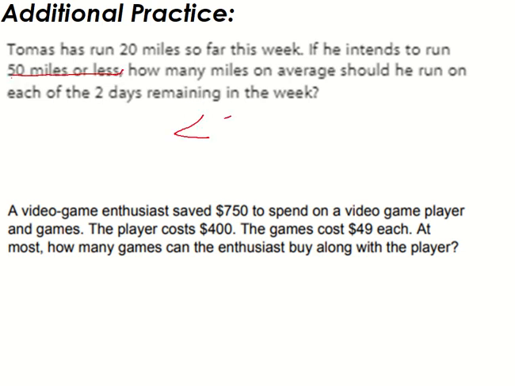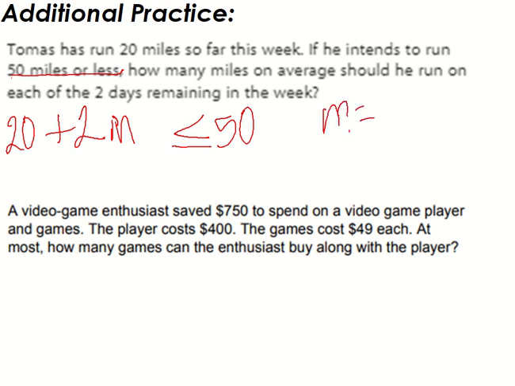So he wants to run less than 50 miles, but he says or, so it's 50 miles or less. So that's again why it's a less than or equal to. He's already run 20 and he's got 2 days left to run a certain amount of miles, with M equaling the miles. So there's our inequality. That would make sense for that situation.